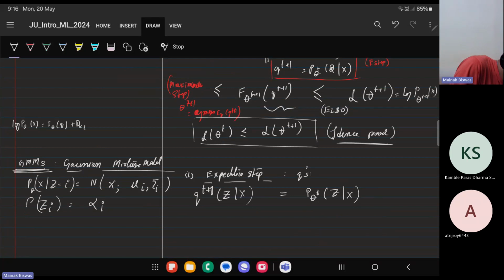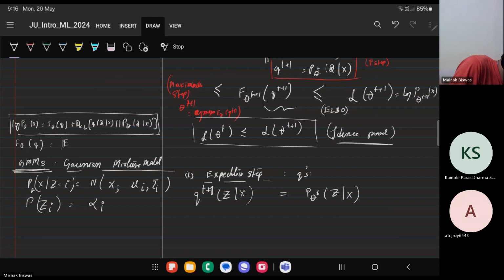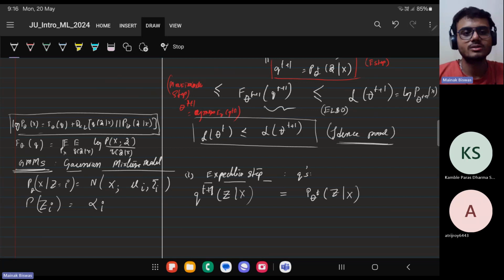F theta of q plus the KL divergence of q of z given x and p theta of... This is the equation I want you to keep in mind. And the second equation is the expected value over q of z given x of log of p of x comma z by q of z given x. Correct? These are the two equations that we generally want. Rest everything is known.